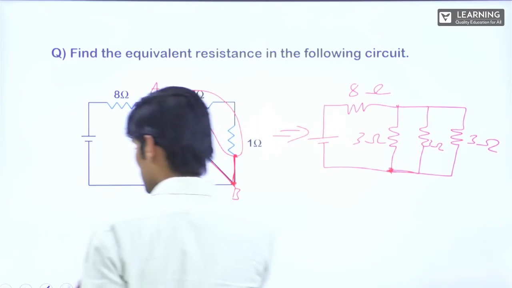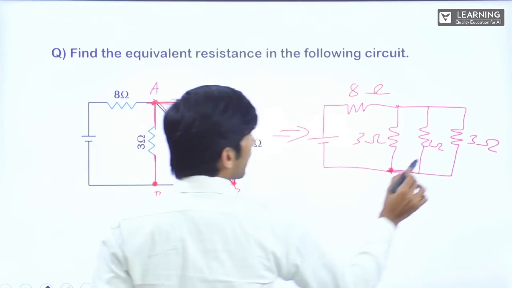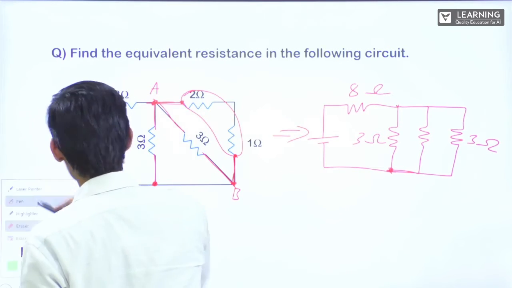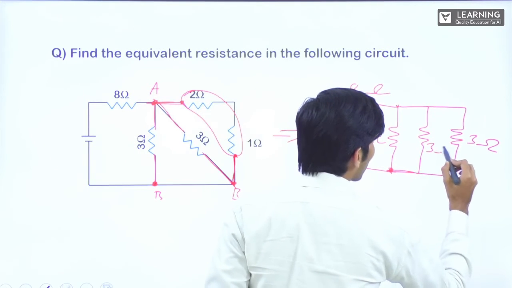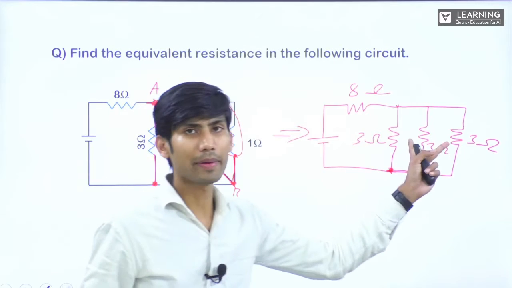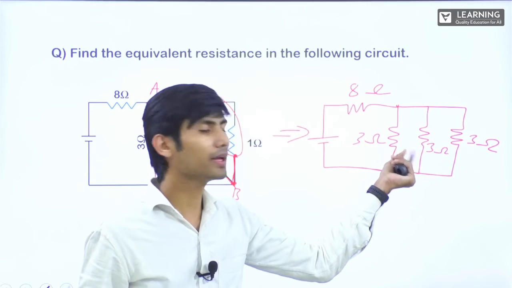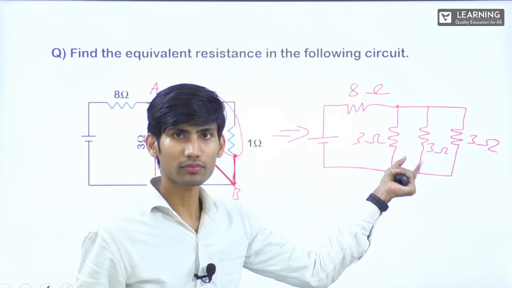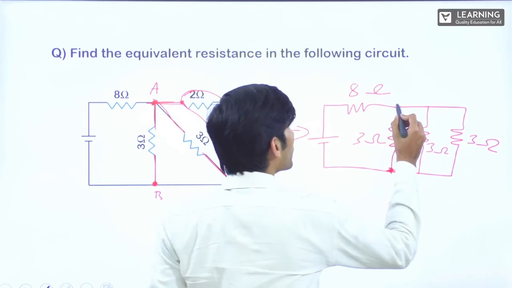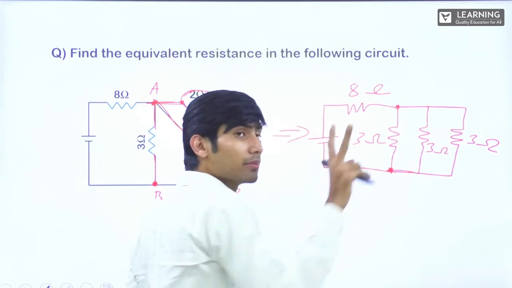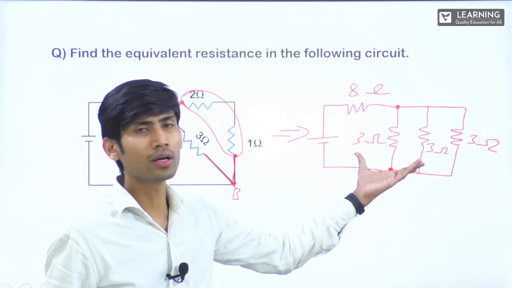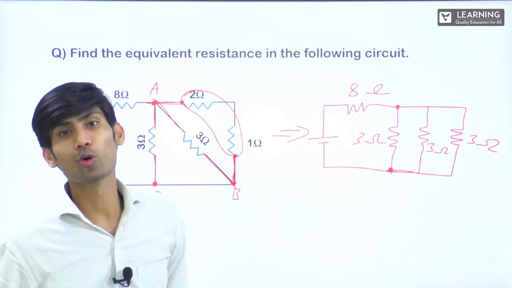Now can you understand these three are in parallel? I can solve these three and make one equivalent resistance between A and B. If this point is A, this point is B, between A and B I can make one equivalent resistance. What will that be? It will be 1 ohm.